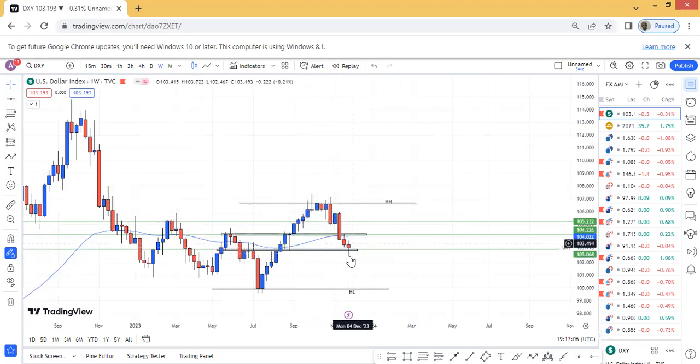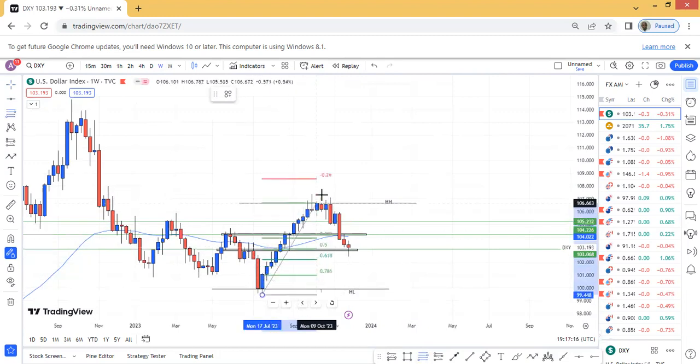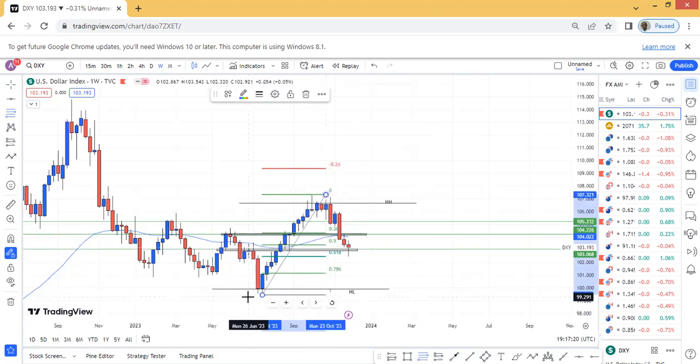For the dollar, I think it is still going to go up, and this is just a pullback. If you use your fib from swing low to swing high, you realize that price has come to tap into the 61.8% region, and it has rejected it.